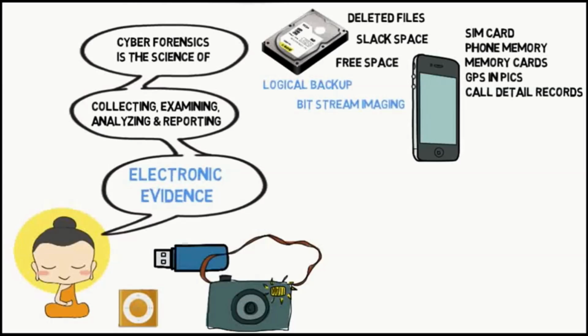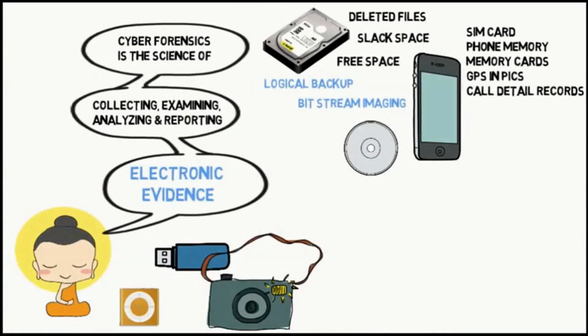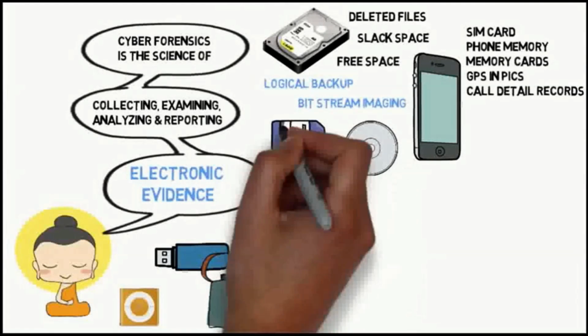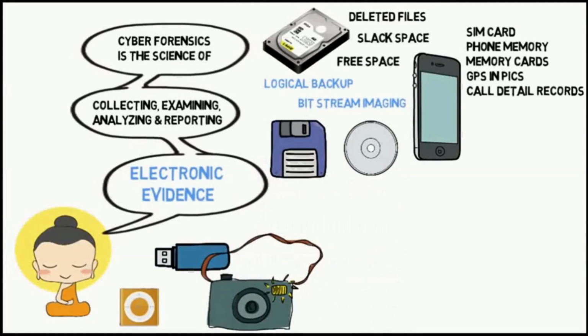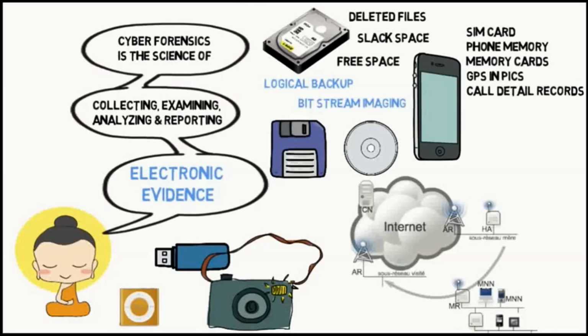Well, they didn't realize it could be recovered so easily, and this information was presented to the court during her divorce proceeding. Other sources of electronic information could be CDs and DVDs. You will be surprised to know that even floppy disks are still used in a lot of industries, and they pop up in a lot of cases that I investigate.